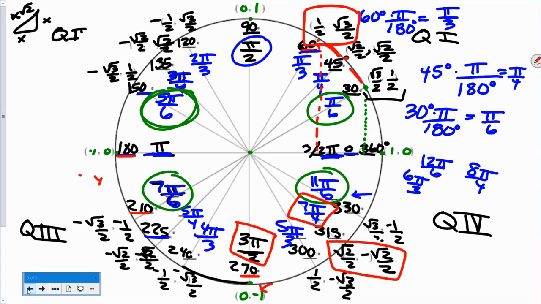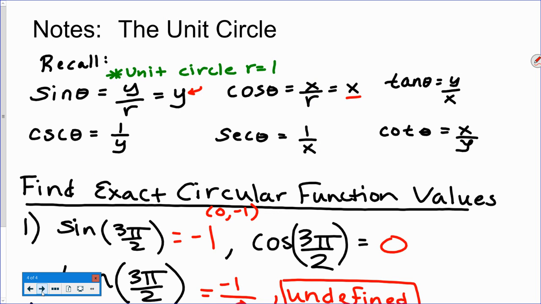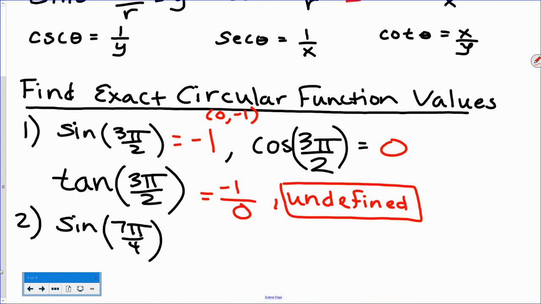All right, I asked you for sine. So that means you use the y coordinate at that spot. So that's negative square root of 2 over 2. Okay, so we're kind of combining everything into one visual to kind of do what we were doing before. Everything we've done is leading up to this magical point of the unit circle.